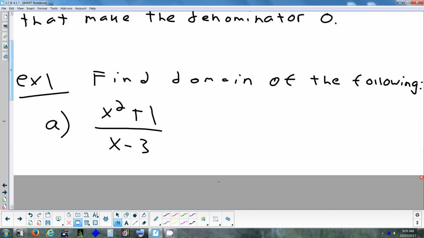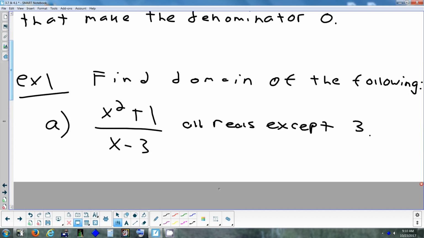There's different ways you can write it. Anybody think they can give me one way to describe the domain here? Sam? All real numbers except 3. All right, so she's telling me what it isn't. She's saying it's everything except 3. Okay, so all reals except 3.